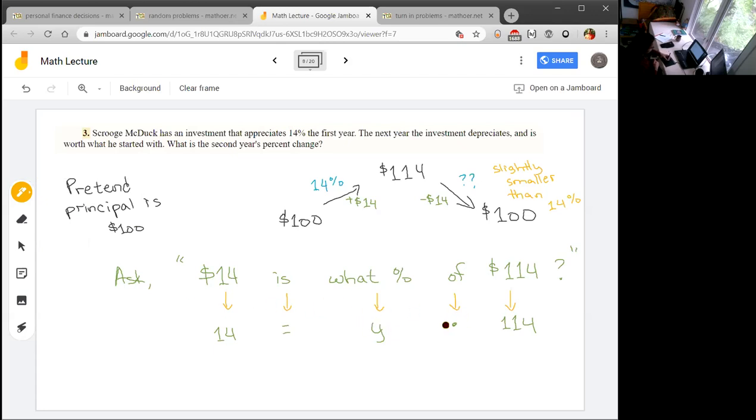Something is stuck onto y with times 114, so I'll do divided by 114. Now y is by itself. What is that? 14 divided by 114 gives me 0.1228.